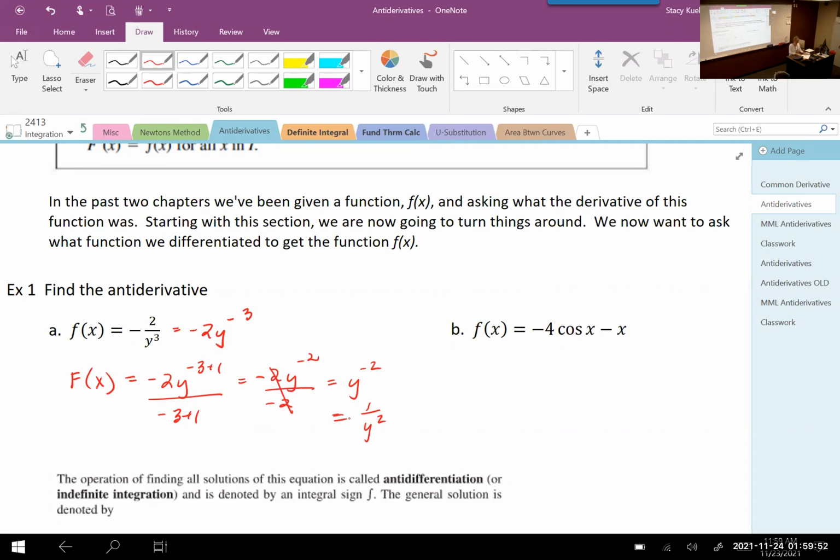Okay, let's try that again. I want to know what the antiderivative is of the function -4 cosine x minus x. So capital F of x would be equal to the same -4 in the front. What is the reversing of cosine? It would be sine x, right?